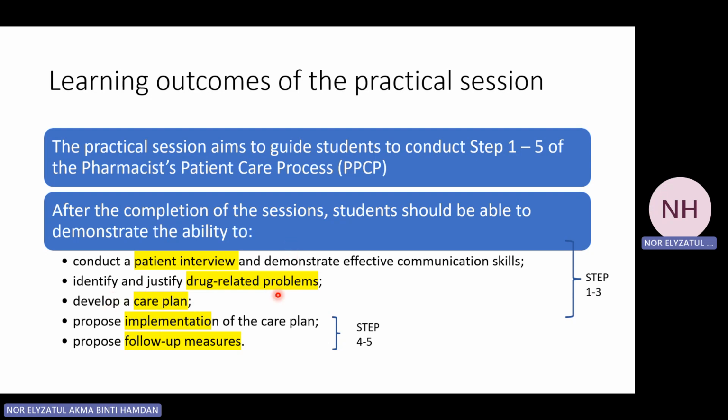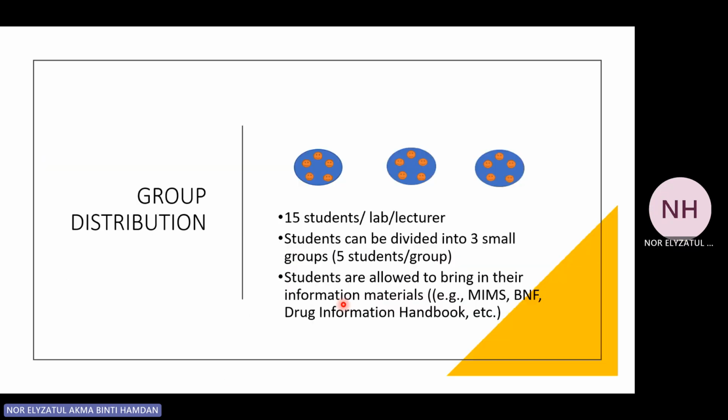In practical 2, you are expected to propose an implementation of the care plan and then propose a follow-up or monitoring measure. So half the steps in the PPCP will be covered in practical 1 and the remaining steps in practical 2.